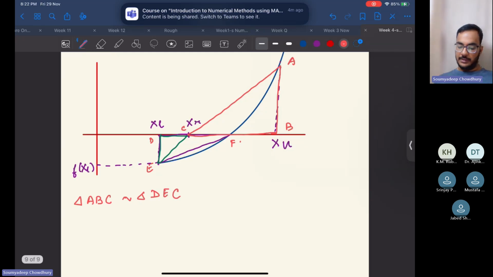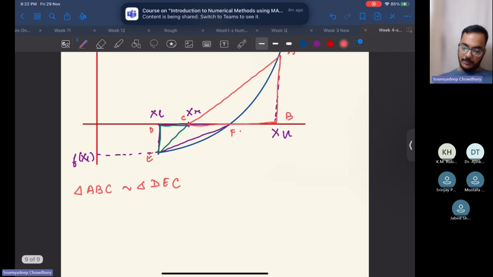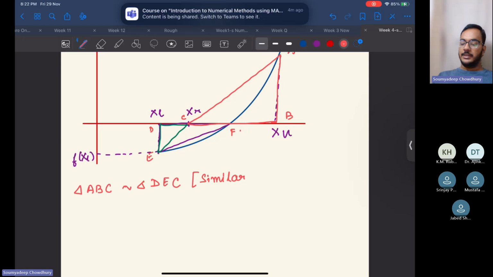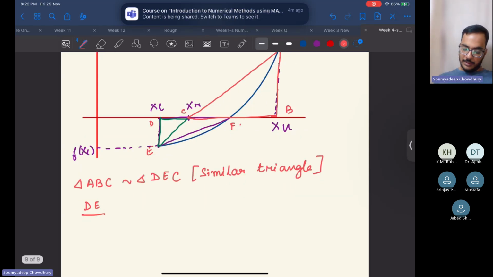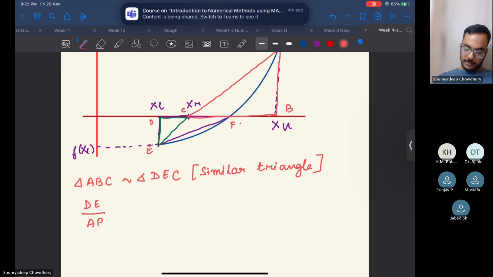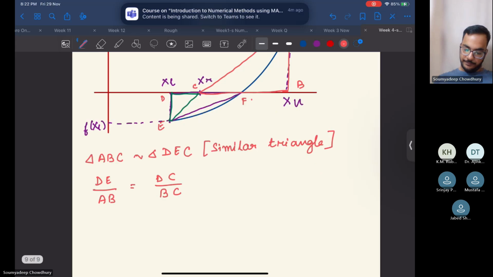ABC and DEC. If these two triangles are similar, we can write the ratio. If two triangles are similar, then the corresponding ratios of the sides are equal, right? So we can write DE by AB is equal to DC by BC.